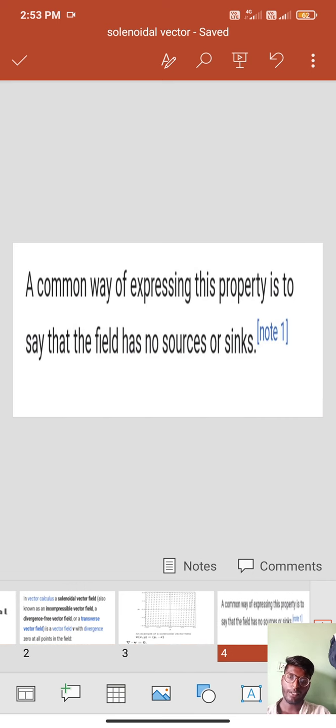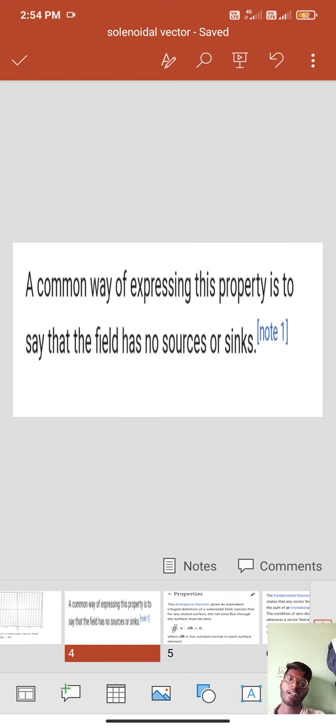A common way of expressing this property is to say that the field has no source or sink. Important point: a solenoidal vector field has no source.